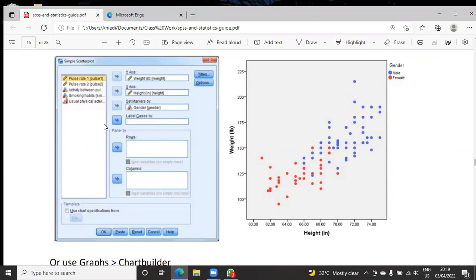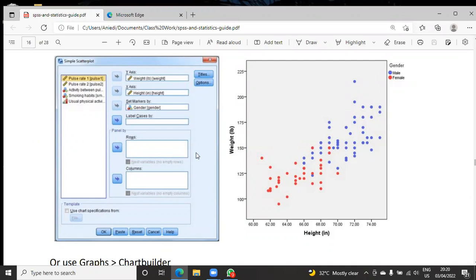From the graph, you can easily make this assumption because the data is there for you to see. You can also read from the graph that male are taller than female, and the male is also weightier than the female.